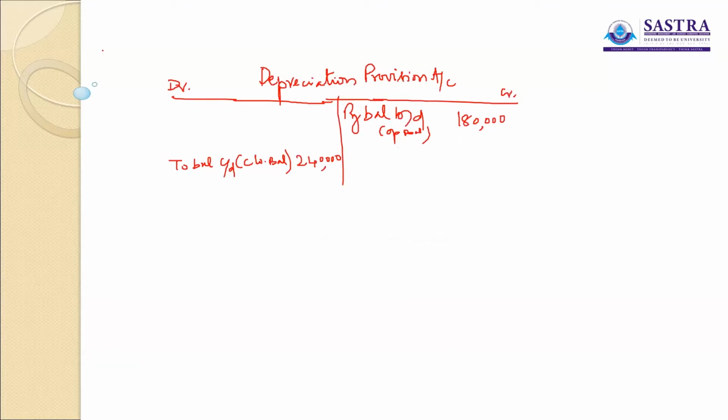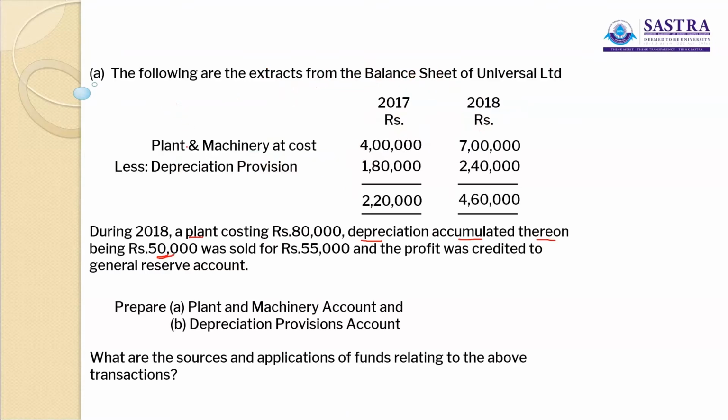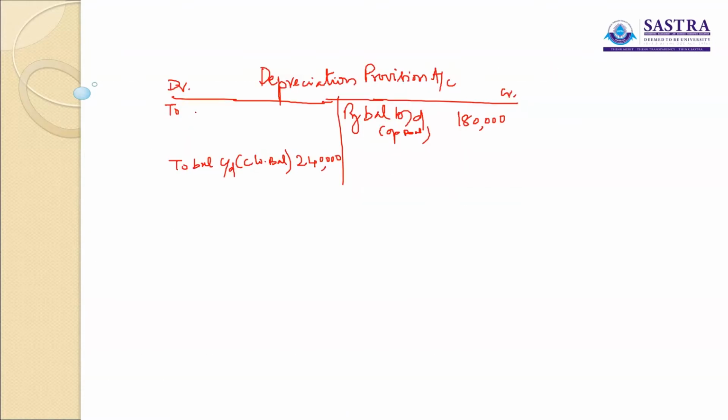So this should be debited to the asset account, to plant and machinery here, right? To plant and machinery. So what is this? It's nothing but depreciation on plant sold, this rupees 50,000.